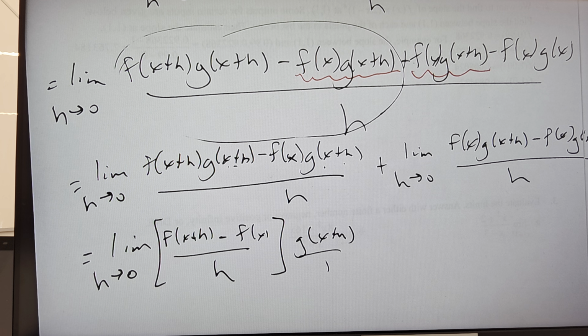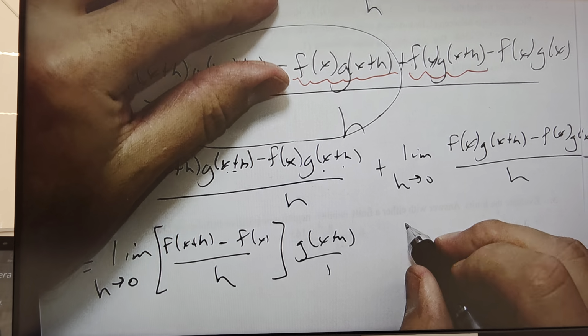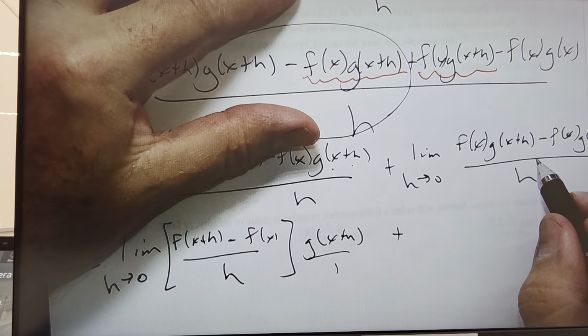If I see a g of x plus h in both terms, can't I take it out? Now, I did something weird. I didn't put it in front. I put it at the end. And who cares? 6 times 8 equals 8 times 6. I can put it either way I want to. Okay. What can I do over here? Yeah.